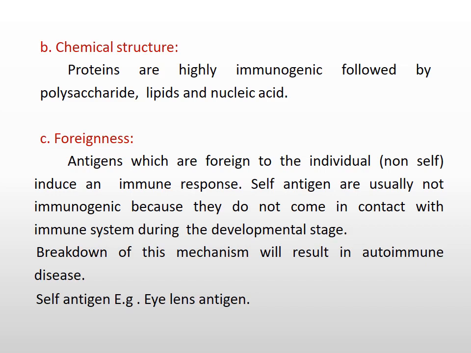So our self antigens are generally non-immunogenic in nature, and wherever there is a breach of this mechanism, they produce autoimmune diseases. But some self antigens are not generally treated as self, like lens antigen, sperm antigen, etc.